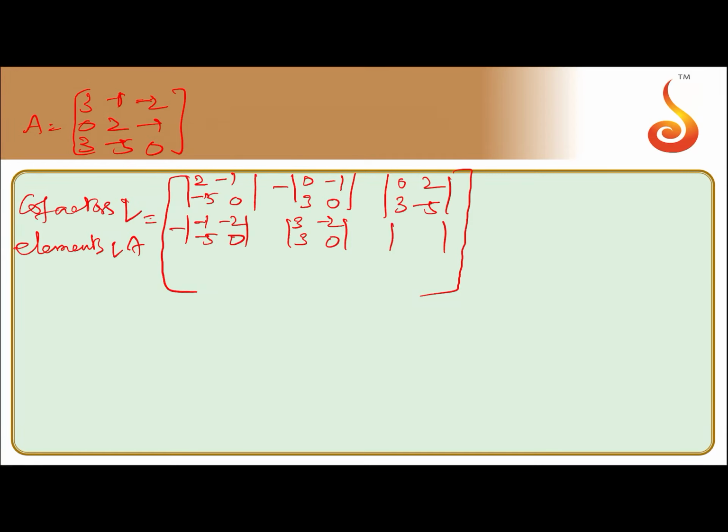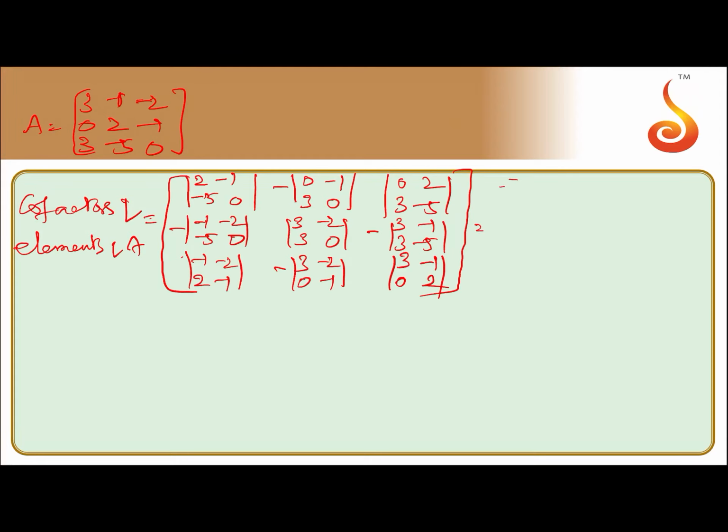And cofactor of minus 1: 3, minus 1 and 3, minus 5 with minus sign. And cofactor of 3: minus 1, minus 2, 2, minus 1. And the cofactor of minus 5 will be 3, minus 2, 0, minus 1 with minus sign, and 3, minus 1, 0, 2.